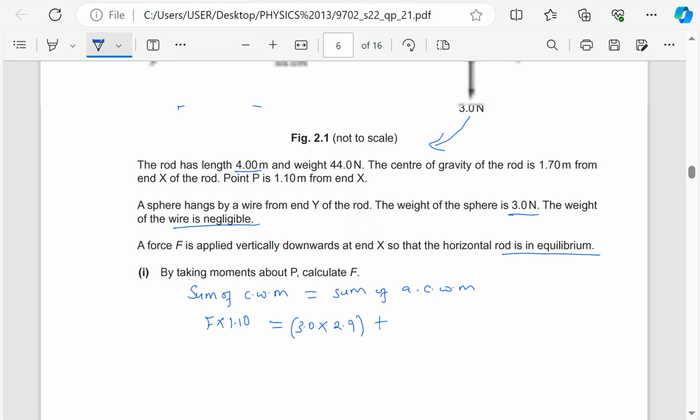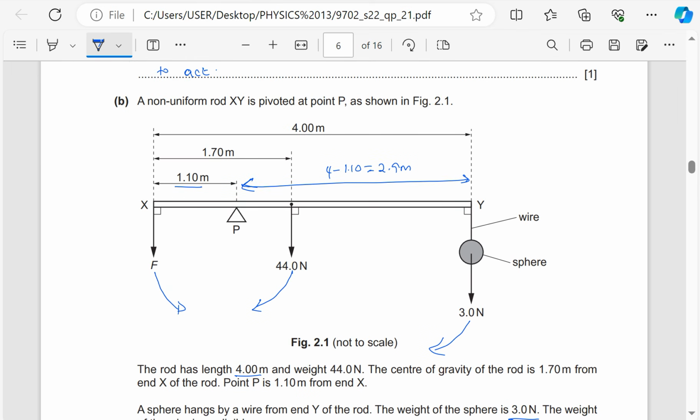Then plus the weight of the beam, 44.0 newtons, and the perpendicular distance from the pivot is 1.7 minus 1.1, which is 0.6 meters.